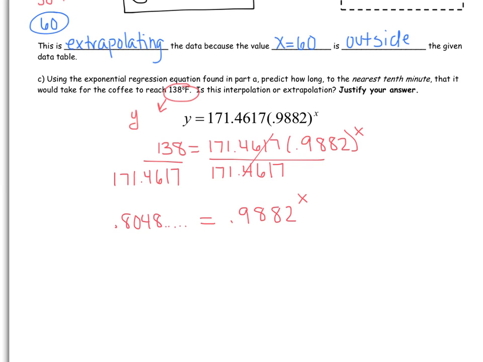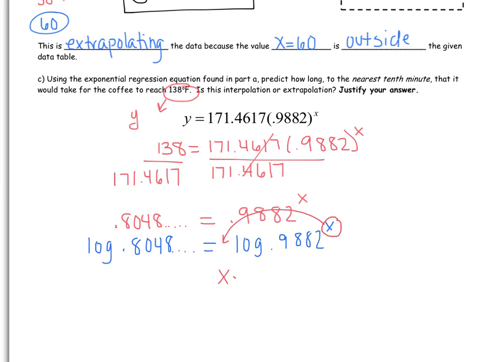Please, as I'm doing this, pause the video and check to see if your numbers are correct. Okay, so now we have to get this x by itself. And the only way that we can do that at this stage is log both sides of the equation. So we're going to log 0.8048... and we're going to log 0.9882 to the x power. And if we remember, if a power is given, we can drop it like it's hot.